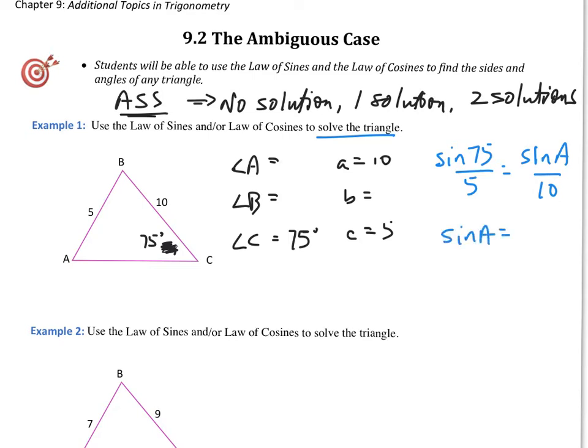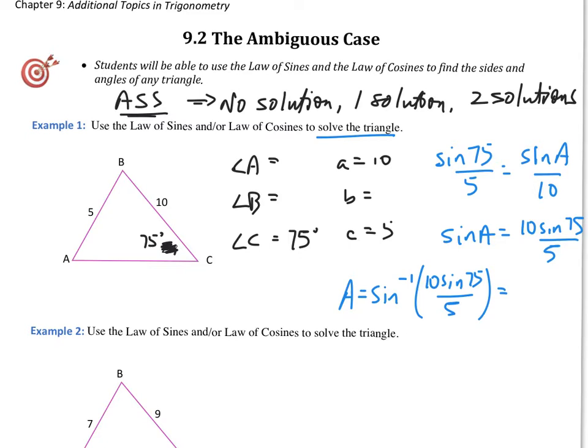So sine of A is 10 sine 75 over 5. And then how do we get just plain old A? Inverse. So A is equal to sine inverse of 10 sine 75 over 5. Type that in. Tell me what you get.